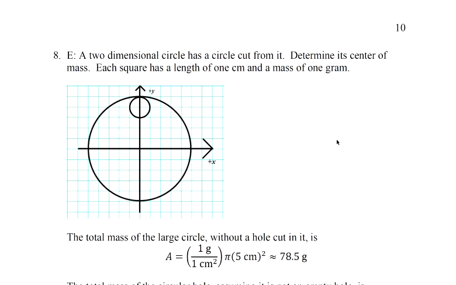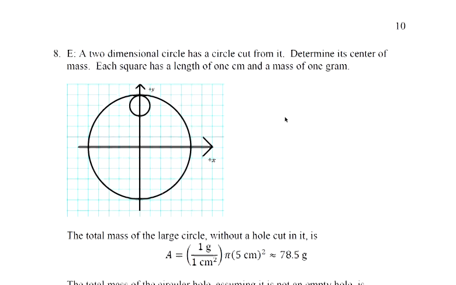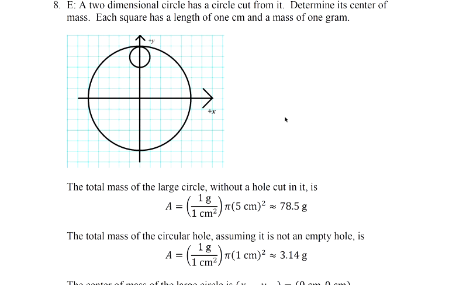Question 8. A two-dimensional circle has a circle cut from it. So this big circle has a mass, this small circle has no mass. It's empty. Determine its center of mass. Each square has a length of 1 and a mass of 1 gram. So the total mass of the large circle without a hole cut in it is this, 78.5 grams.